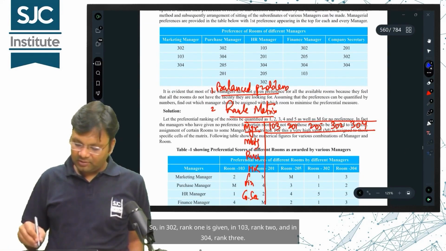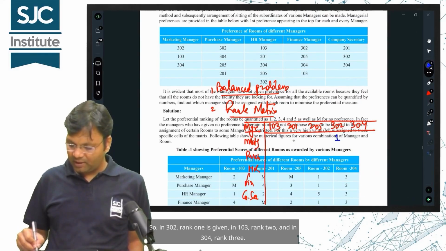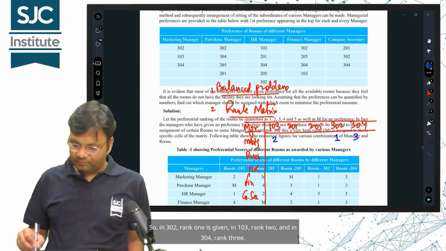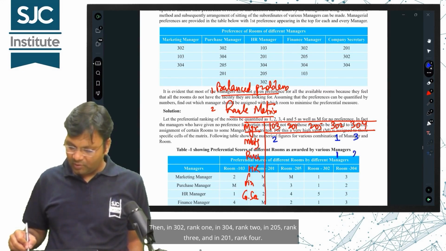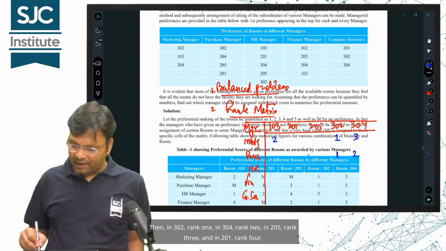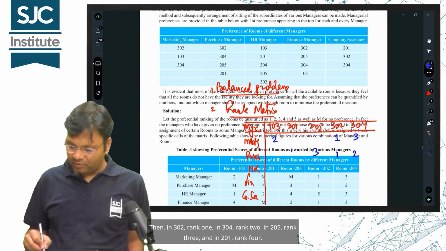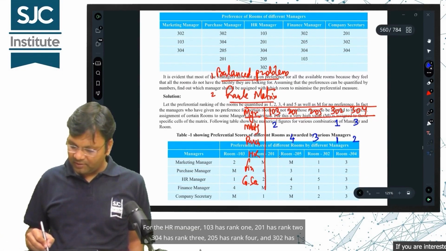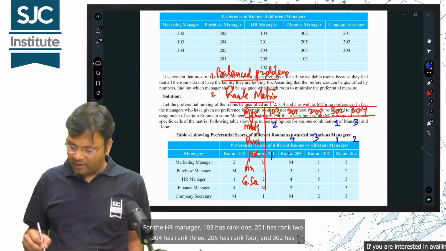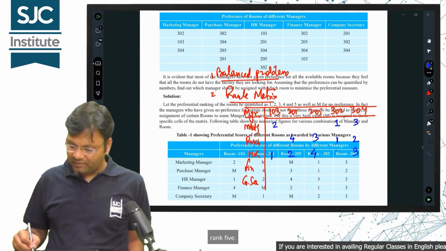So, in 302, rank 1 is given, in 103, rank 2, and in 304, rank 3. Then, in 302, rank 1, in 304, rank 2, in 205, rank 3, and in 201, rank 4. For the HR manager, 103 has rank 1, 201 has rank 2, 304 has rank 3, 205 has rank 4, and 302 has rank 5.